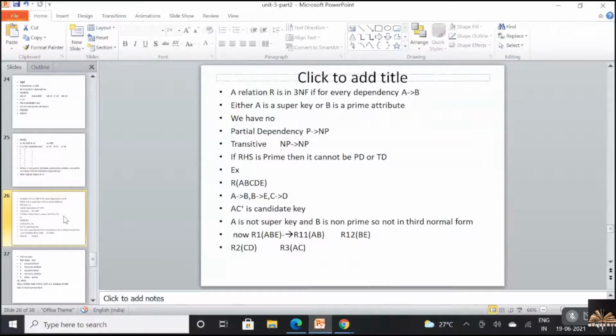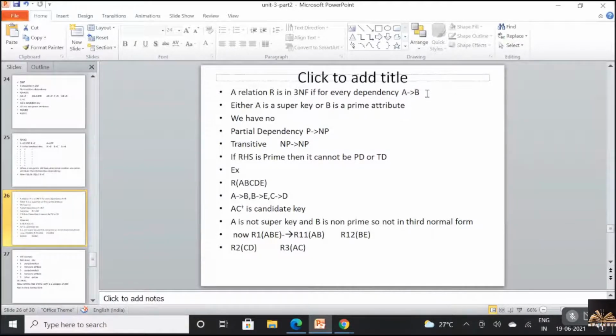Now see, another way of looking at 3NF. A relation R is in 3NF if for every dependency A implies B, either A is a super key or B is a prime attribute.